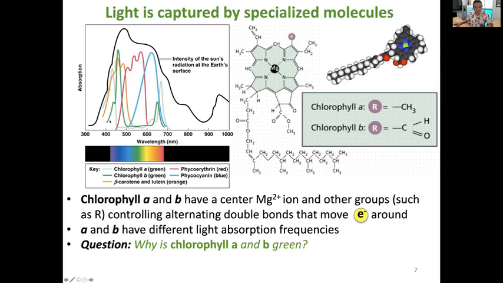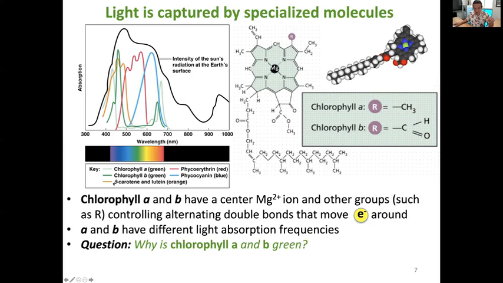And the chlorophyll B, the darker green, is similar. It has highest sensitivity down here in the maybe 450 nanometer range. It's very insensitive, cannot absorb wavelengths in this middle part, 500 to 600, but then it's sensitive again at maybe around 650. Notice that the other pigments are different.